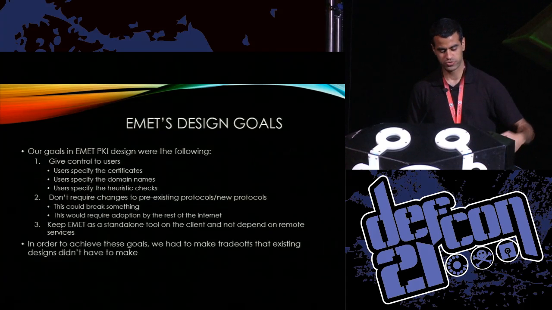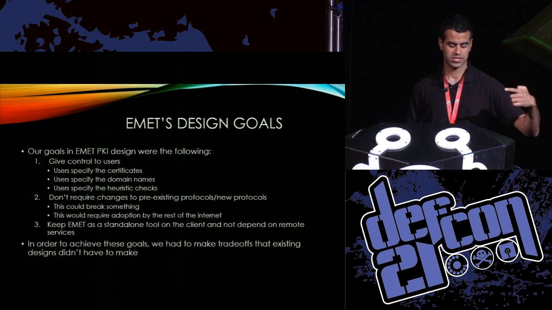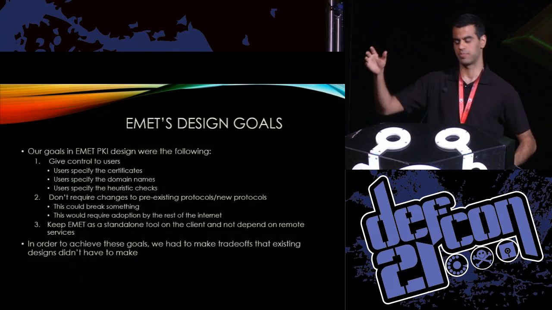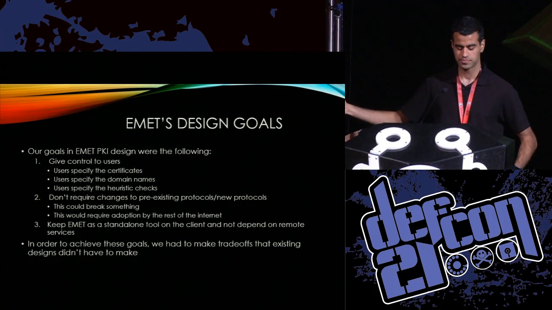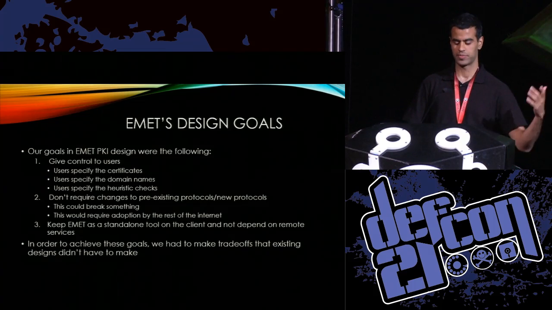So we had 3 main design goals. One is to give control to users, so you can pick the exact certificate you want to pin to or not pin to. You can pick domain names and other heuristics that I'll go into later. Another was not requiring changes to pre-existing or new protocols because, as I mentioned, that takes forever to get adopted.